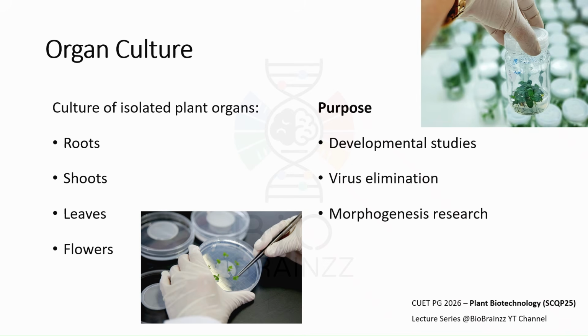It is also employed in virus elimination programs, especially through shoot tip or meristem based organ cultures, because viruses are often absent or present in very low concentration in these regions. In CUET-PG, organ culture is usually tested through its applications, particularly developmental studies and disease elimination.